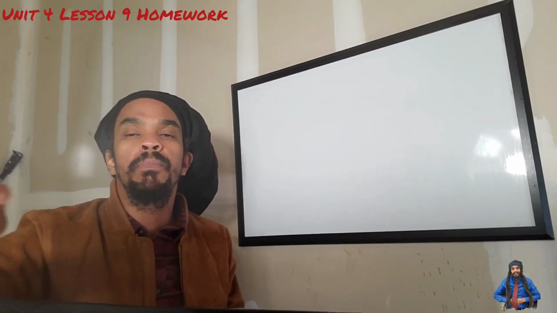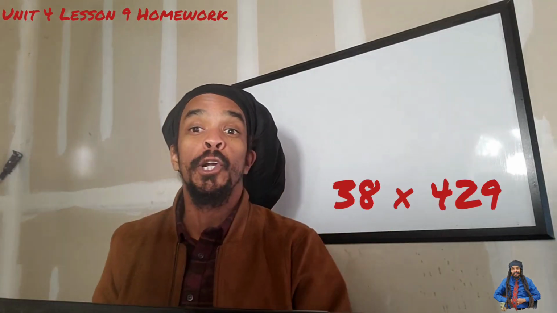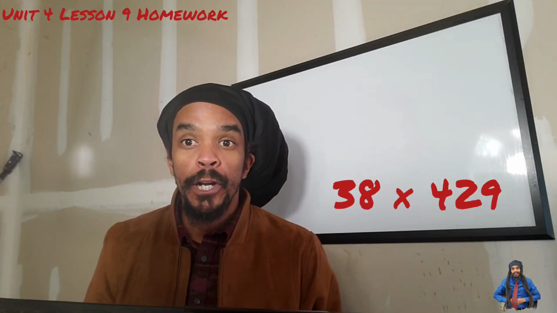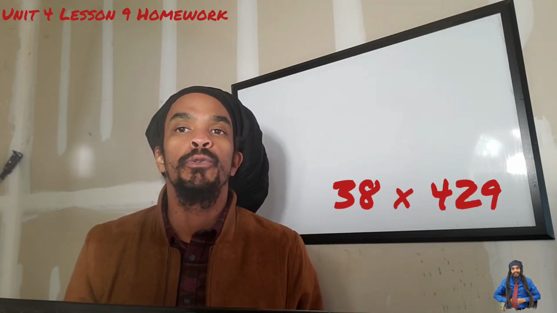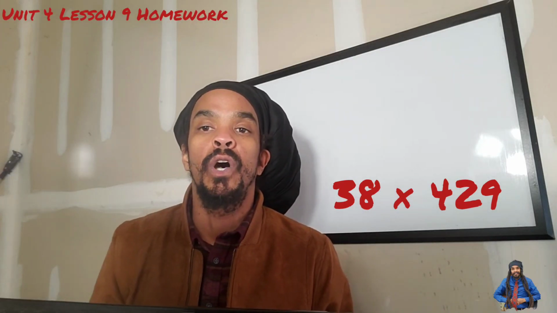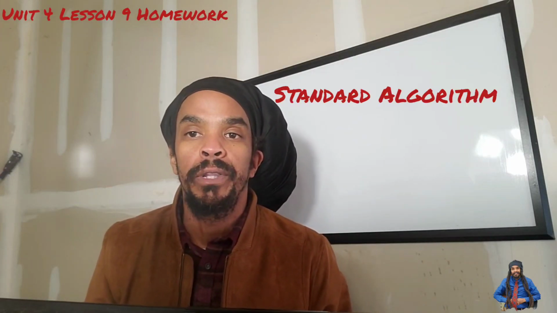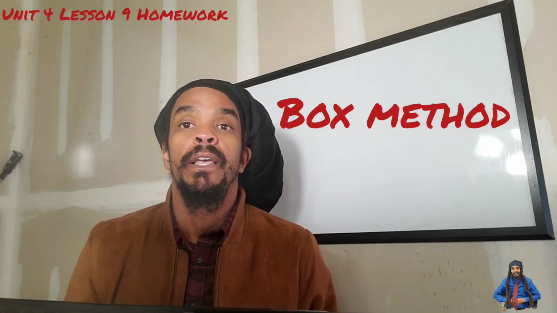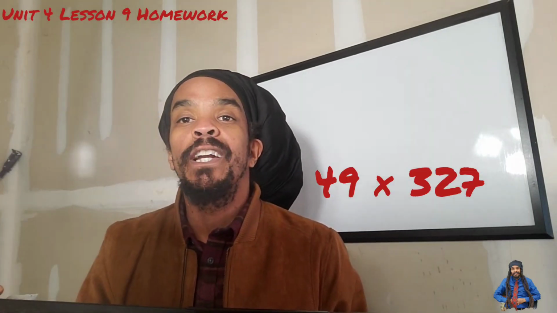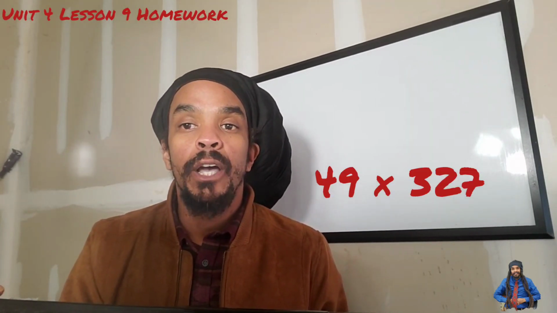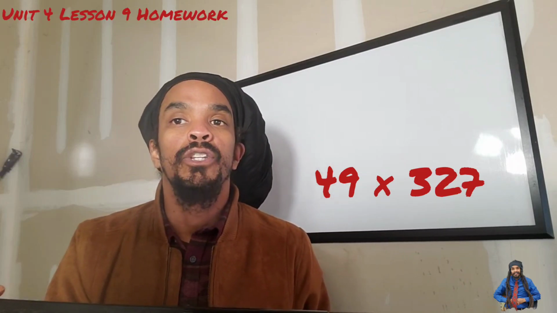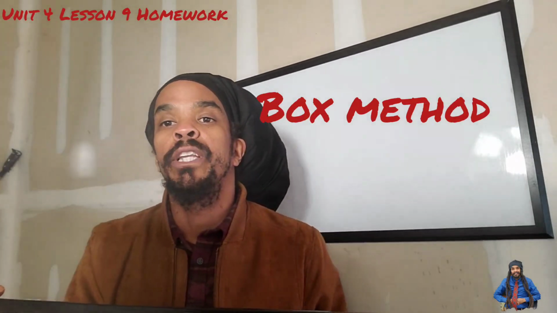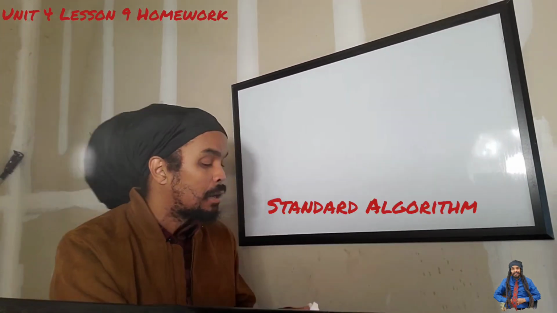So now, problem 3, you are going to do 38 times 429. You are going to solve that using the standard algorithm, and you are going to check your answer with the box method. Then you will do problem 4, 9 times 327, using the box method, but you're going to check your answer with the standard algorithm.